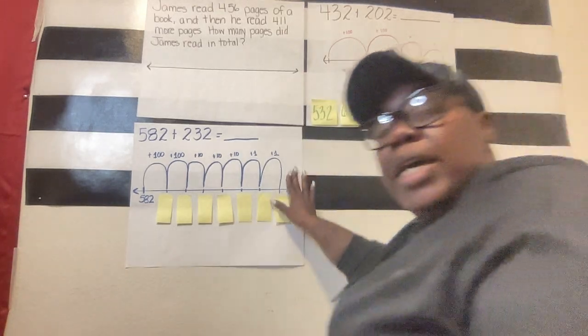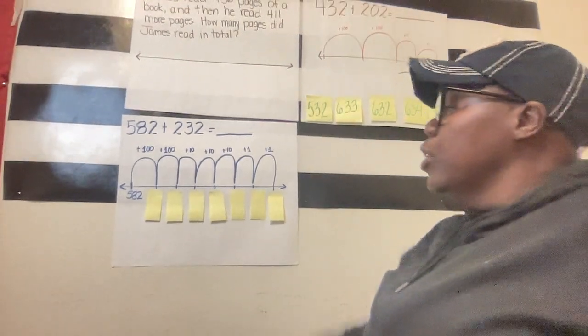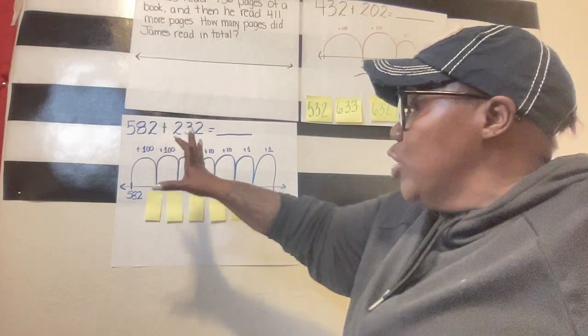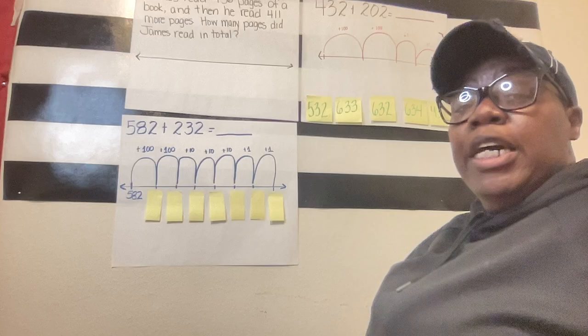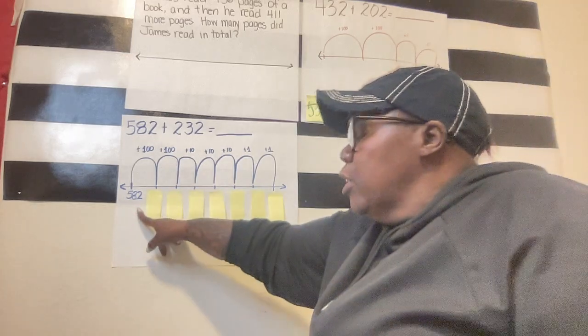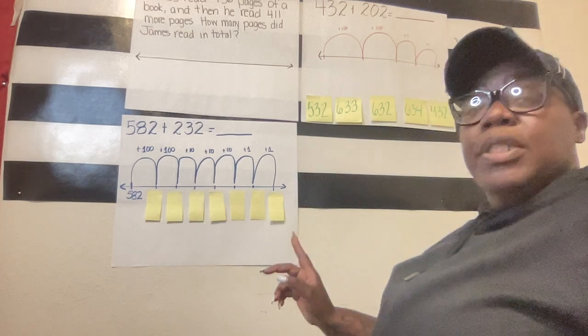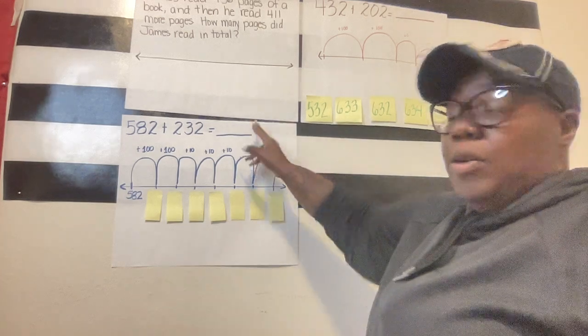Another possible way is they could have, again, your equation. In this case, you have 582 plus 232. Now, here they've already put in the largest add-in and they've already put in the jumps, but now they have to do the math to find the sum.